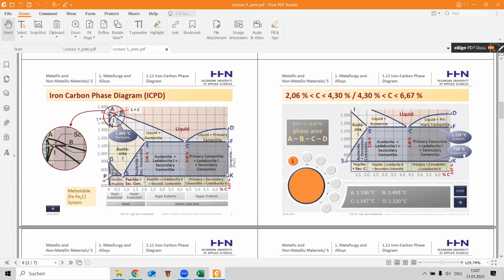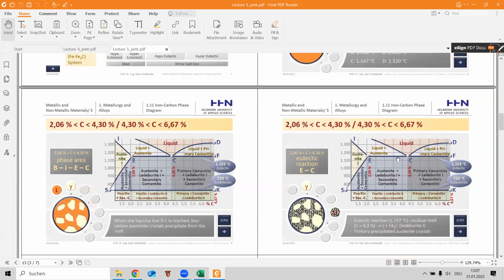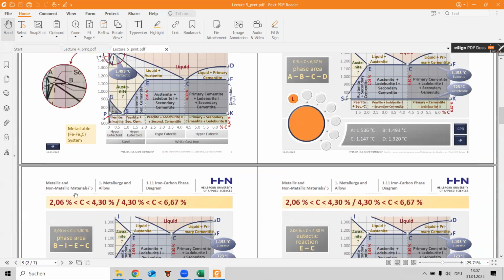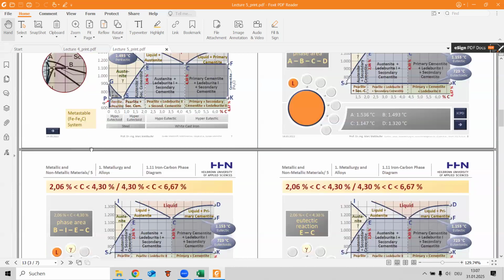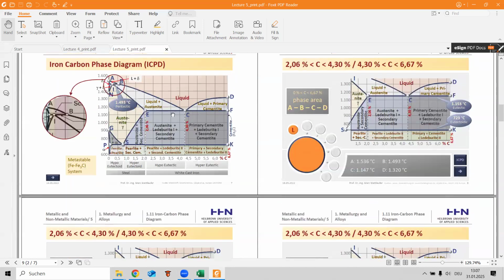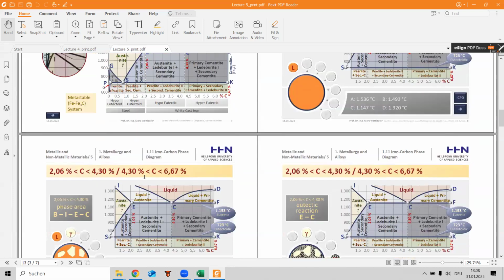It's the eutectic and eutectoid at this temperature. And we have a gamma phase. It's austenite.